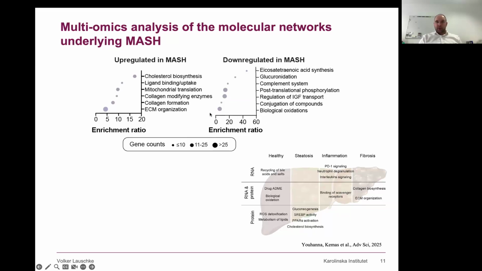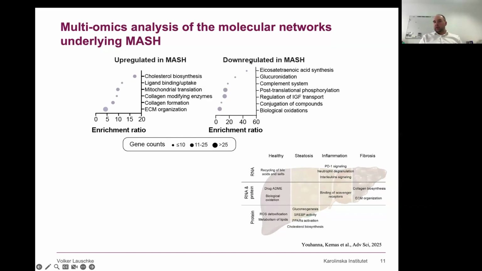Previously I showed transcriptomics. We've also done other omics to first really understand what happens in our model at the comprehensive, unbiased molecular level. So here on top, this shows a proteomic characterization at the pathway level. Again, upregulated in the MASH samples were pathways related to ECM organization, collagen formation, and cholesterol biosynthesis, so pathways that one would essentially expect.